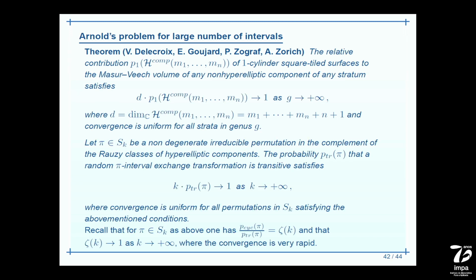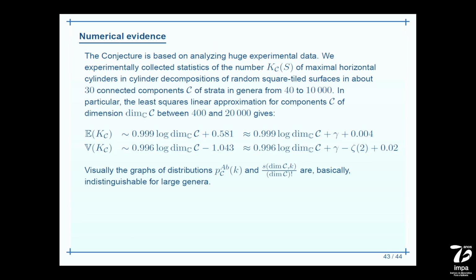You take the ratio, and you see that when the permutation you use is long enough, then the proportion of transitive and cyclic permutations compared to all permutations is very well approximated by 1 over the number of elements in our permutation.